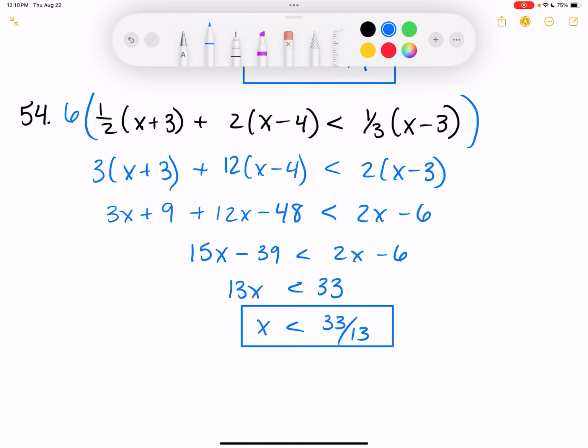Are we close to an answer? Just reduce. If you can reduce, you should always reduce.